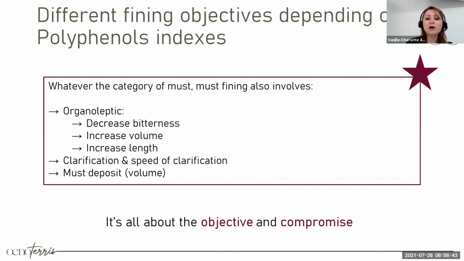So it's all about the objective and compromise, meaning that even depending on the category of must that you're in, you have to keep in mind what is the main objective, whether you want to act on polyphenols, whether you want to act on organoleptic, on clarification.